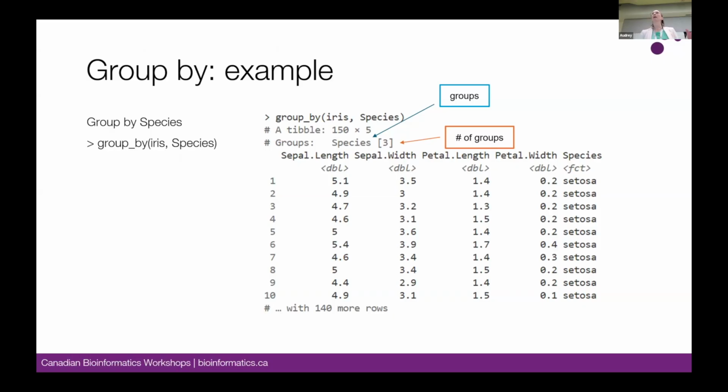We can group by iris Species, again the name of the column, no quotes, and it returns a tibble, another object type. It tells you that we're grouping by the species, and within the square brackets, it tells you how many groups it created. In our case, we have 3 species, so we have 3 groups. And then here it shows you the result of one of those 3 groups.